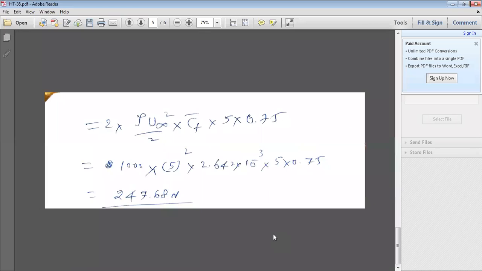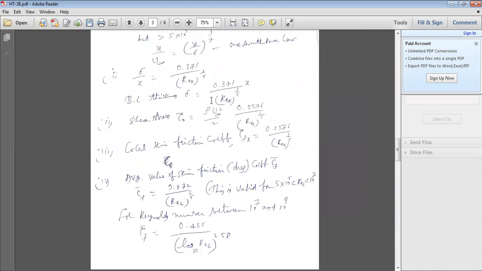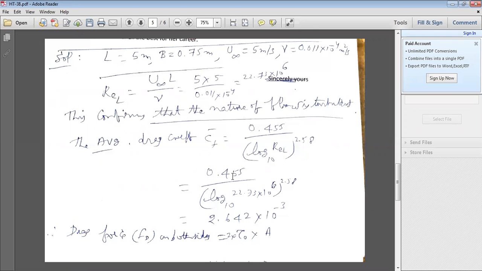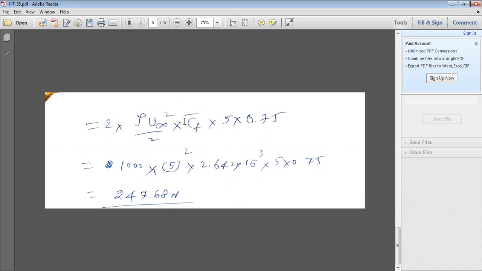So how do you calculate tau naught for this? Shear stress tau naught is rho U free stream square divided by 2 into CF bar.